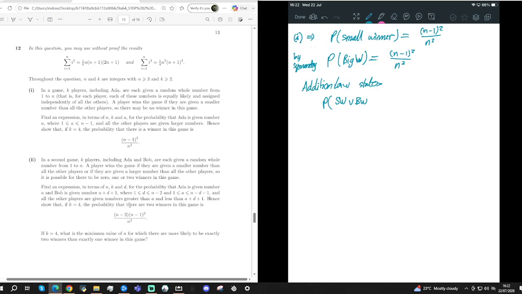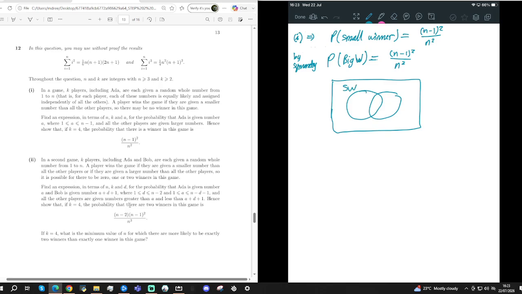That's not exactly what I want, is it? I kind of want an excluded middle. So I don't really need the addition law, but the point of the addition law, it does come from a kind of Venn diagram-esque argument.